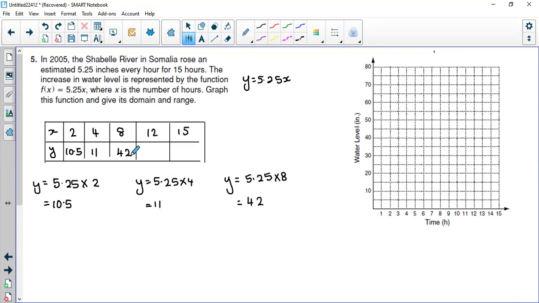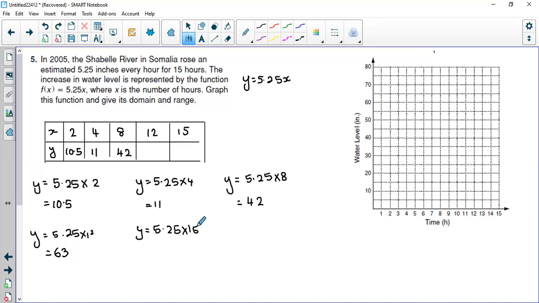So the next equation is going to be y is equal to 5.25 multiplied by 12. So 5.25 multiplied by 12 would give you 63. Then y equals 5.25 multiplied by 15.